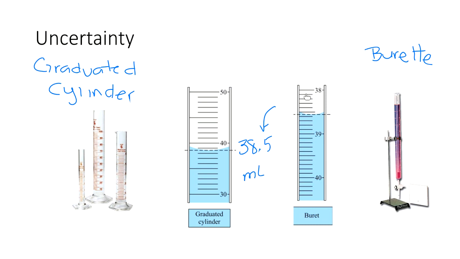38.1, 0.2, 0.3. So I have here 38.1, 2, 3, 4. Let me put it right here. This would be 38.4. But then we have to guess one more digit. Let me see. 1, 2, 3, 4. No, it's 38.5. Sorry.